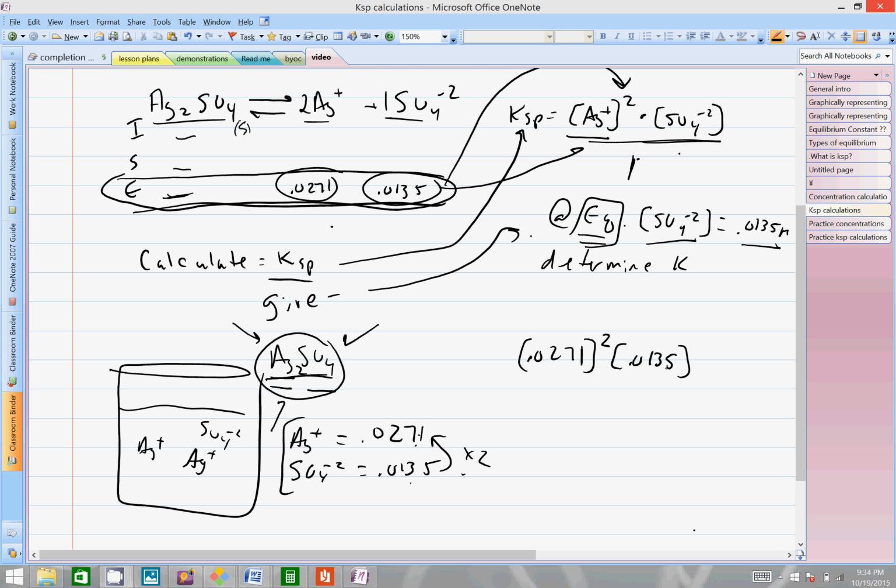From that point on, it's simply calculator work. 0.0271 squared is 0.000734, times 0.0135 gives me essentially 6.0 e to the negative sixth.